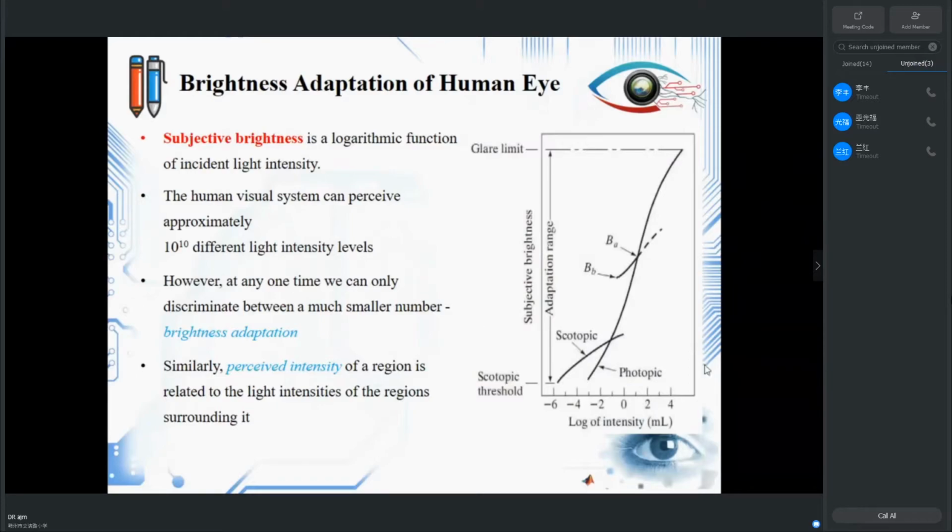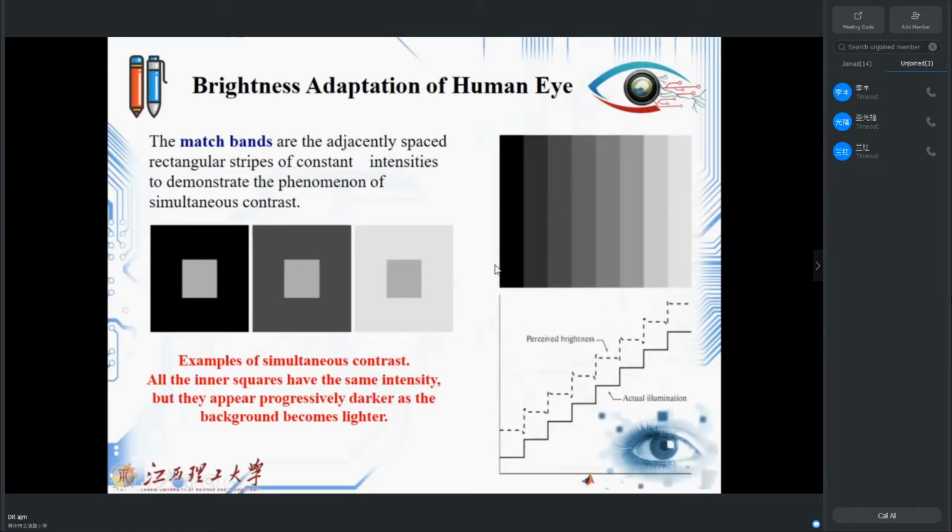Have this figure in your mind, then we'll talk later. We have something which we call the Mach band, which are adjacently spaced rectangular strips of constant intensities to demonstrate the phenomenon of simultaneous contrast.